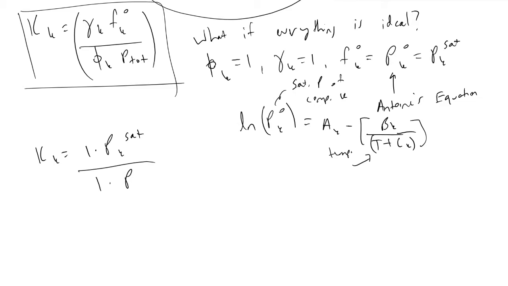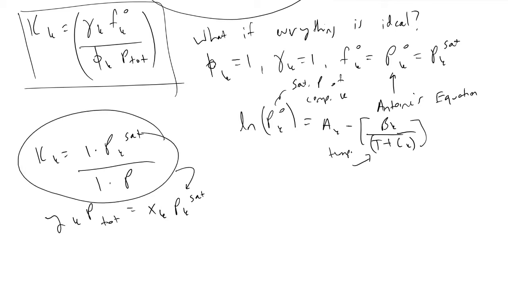And if we look back to our vapor-liquid equilibrium, in which we said that y_k, the vapor mole fraction of component k, times P total was equivalent to x_k times p_k saturation, we can see quite nicely how K is going to pop out of here.